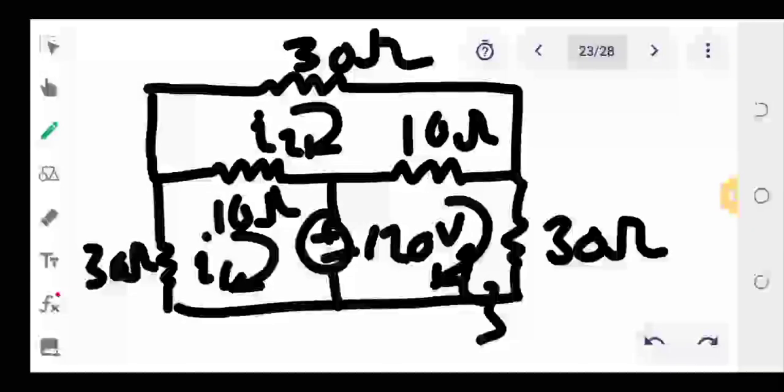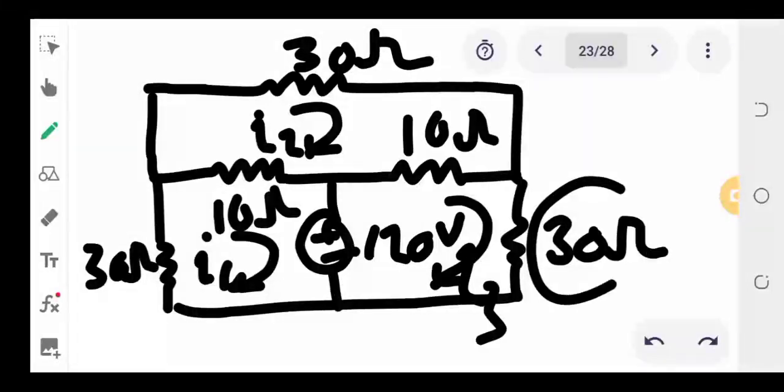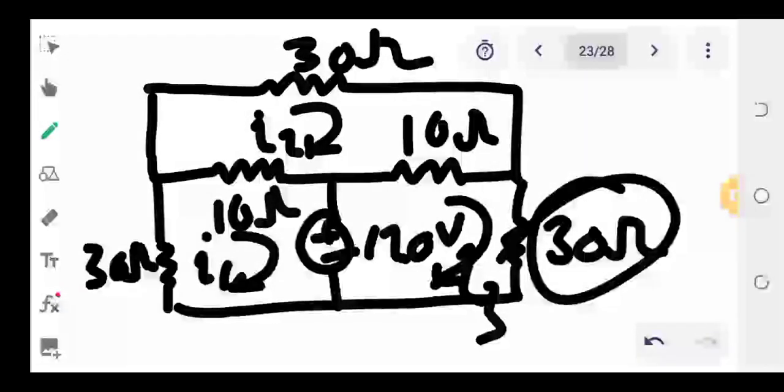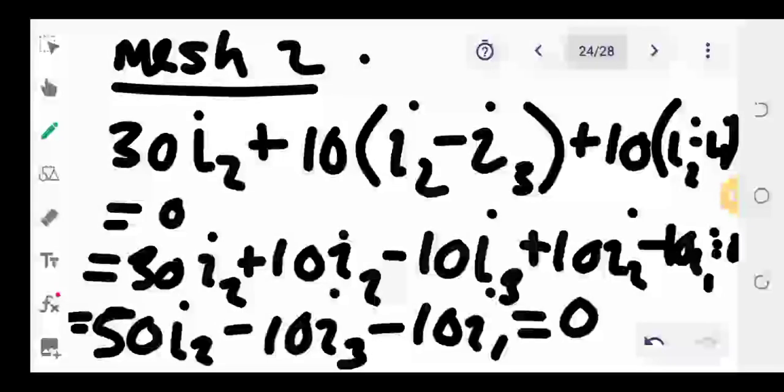At the 30 ohm resistor we have only I3 going through it.